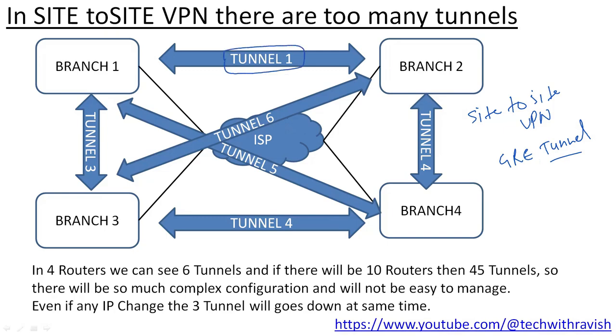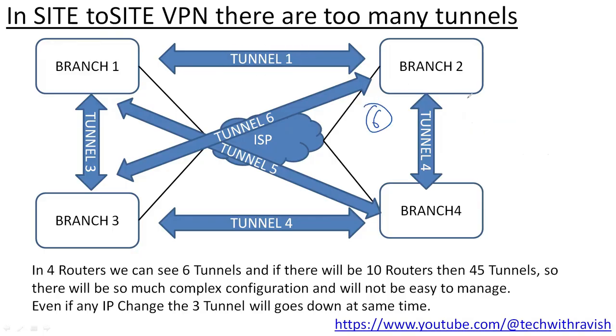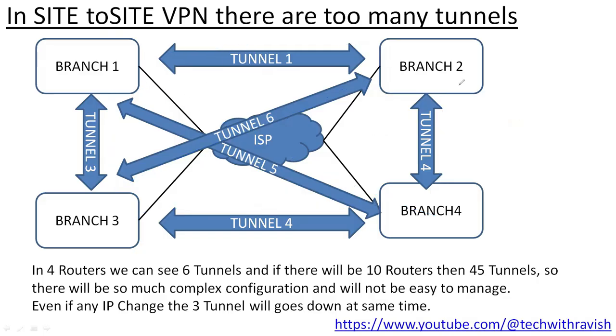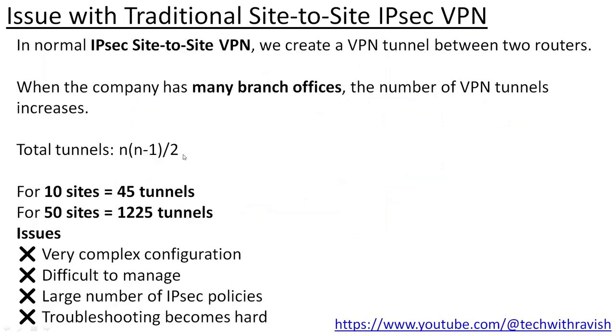So if there are 4 offices, we have to create 6 tunnels. Here we can see branch 1 is connected to branch 2, branch 2 is connected to branch 4, branch 3 is connected to branch 4, and branch 1 is connected to branch 3, branch 3 connected to branch 2, and branch 1 connected to branch 4. So the total number of tunnels will be n into n minus 1 upon 2.